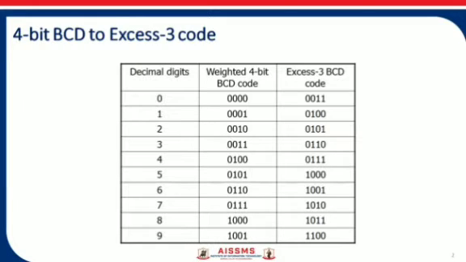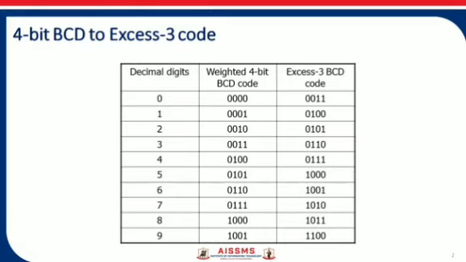So by considering a decimal digit, the equivalent BCD code is written here, and on the right side the equivalent XS3 code is written. For example, decimal digit 5. The binary format, or BCD code, is 0101.